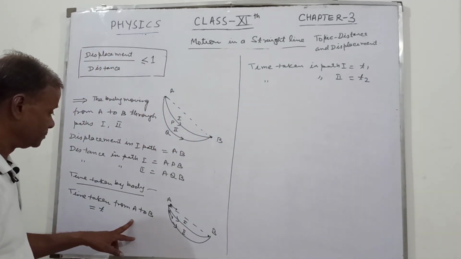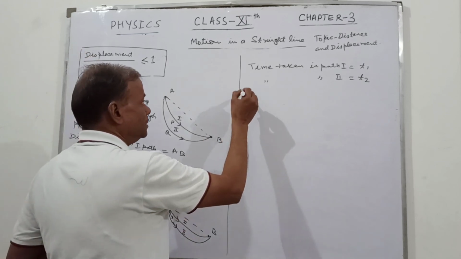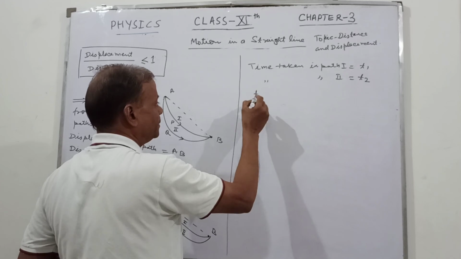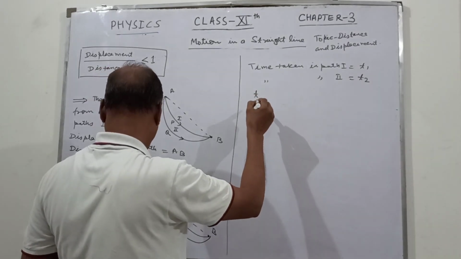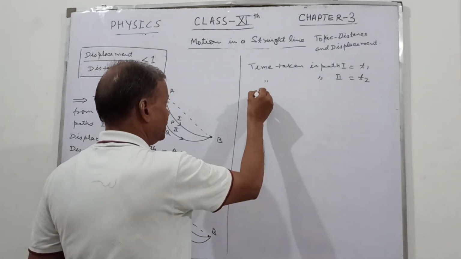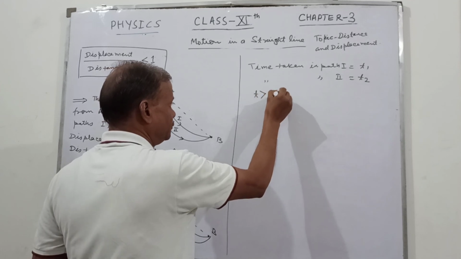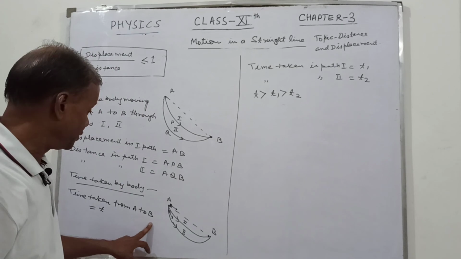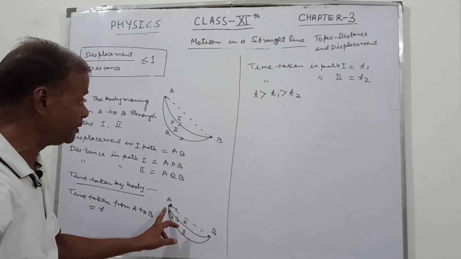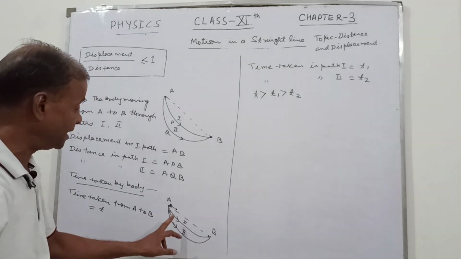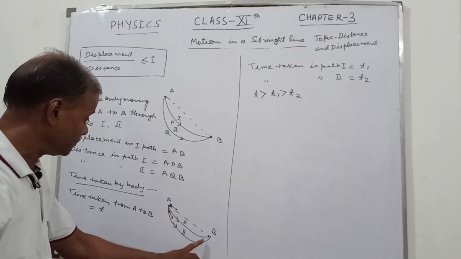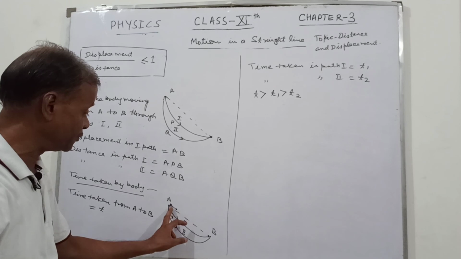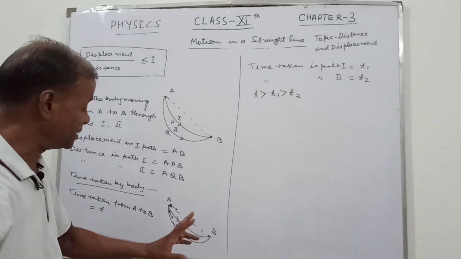Then what will happen? T is greater than T1 is greater than T2. It means that the time taken from A to B will be maximum, and the time taken in path first and path second will be less than the time taken from A to B. इसका अर्थ क्या है?